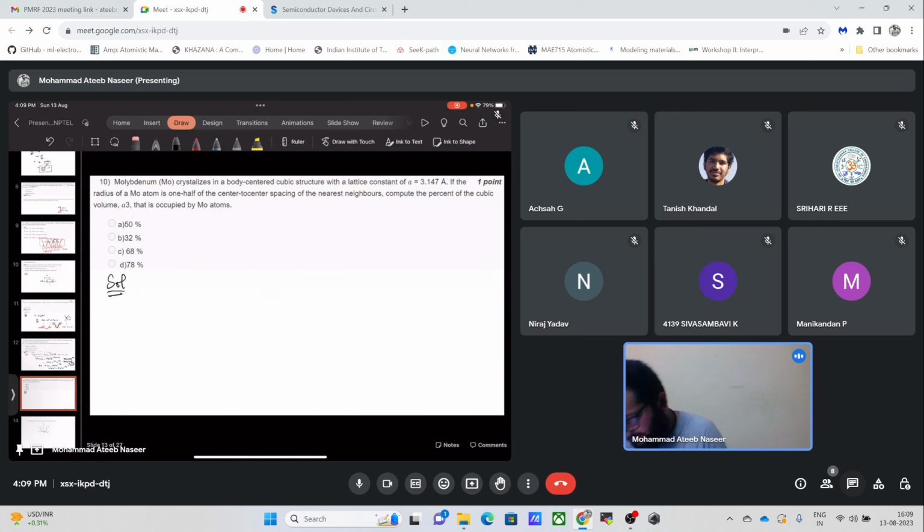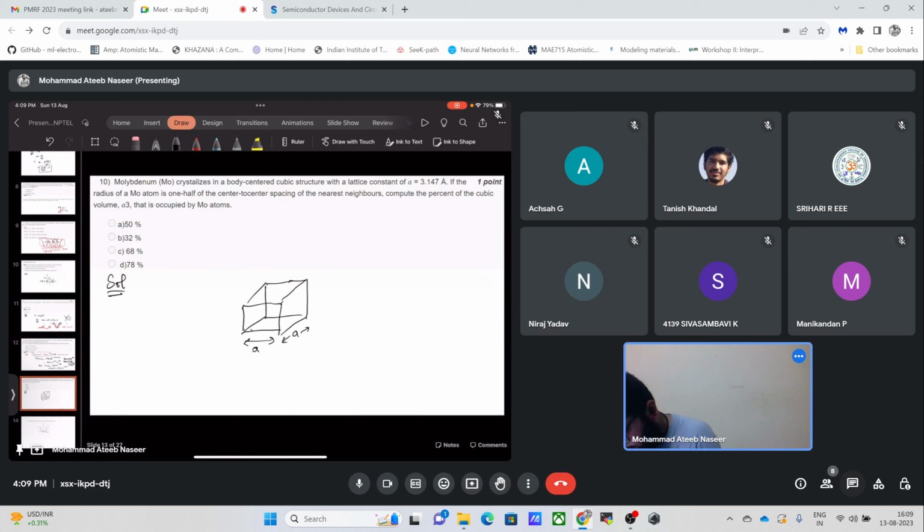Now this body-centered cubic cell would simply look like this. If this is the lattice spacing a, this will also be a.